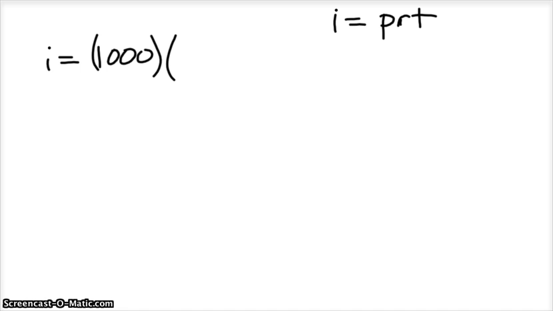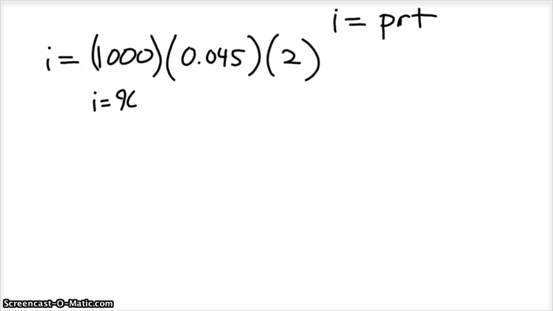Next thing is our rate. What's our percentage? 4.5, so I need to do 0.045. And how many years? We're talking about 2 years. When we multiply all that out, our interest will get to I equals 90.